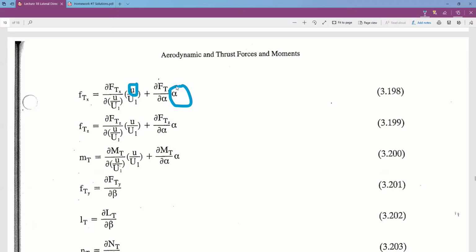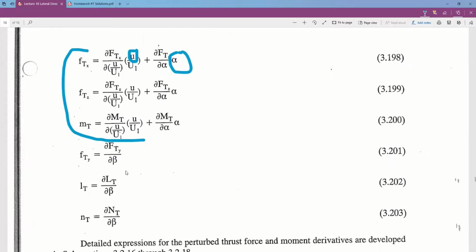So he's saying that the other variables in there, like pitch rate, don't affect this much for relatively normal pitch rates. And so it's just an alpha perturbation and a forward speed perturbation that gives you these effects. And then lateral directional, he's saying the only thing that really makes a difference for the engine is sideslip. And that makes sense because the air coming in the inlet of the engine at an angle as opposed to straight on could change the thrust.